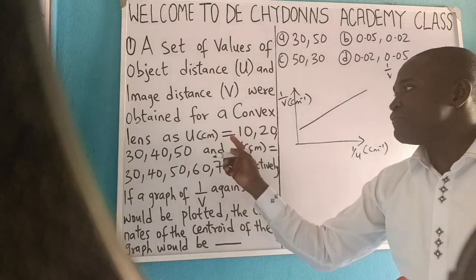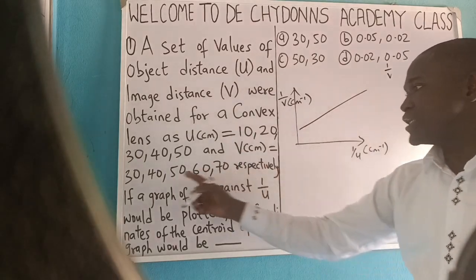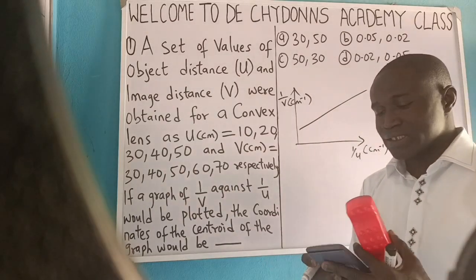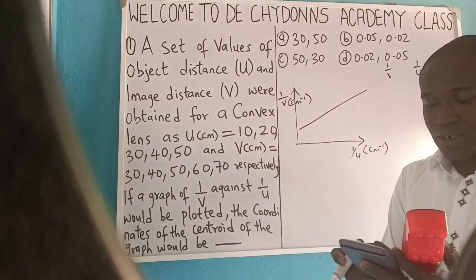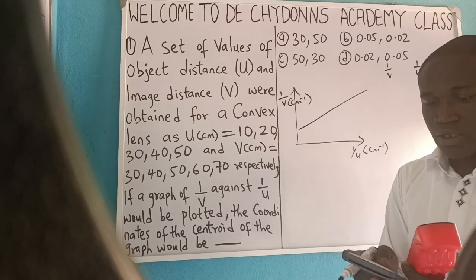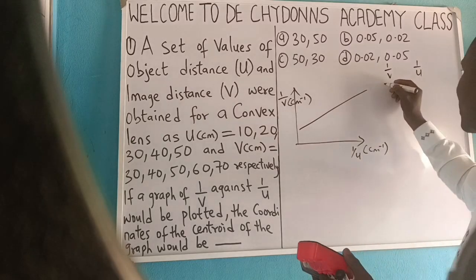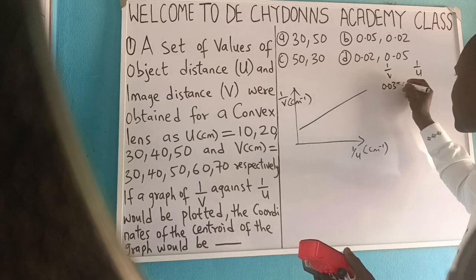The first v is 30. 1 over v means 1 over 30. You use your calculator, 1 over 30, you have 0.033. You write 0.033.